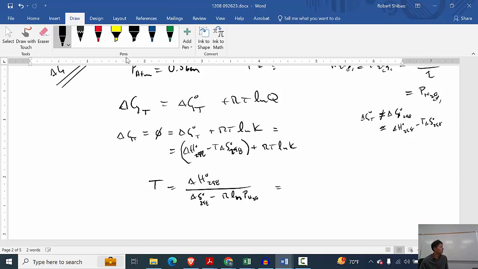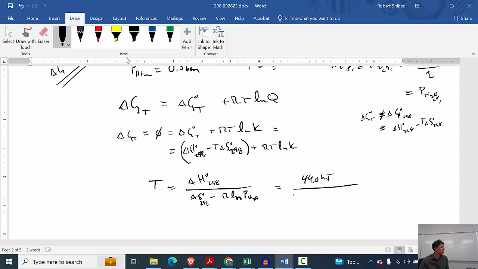And so the delta H naught was 44.0 kilojoules.